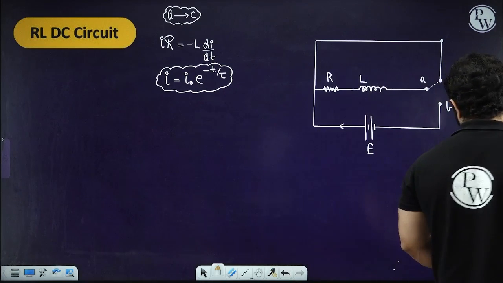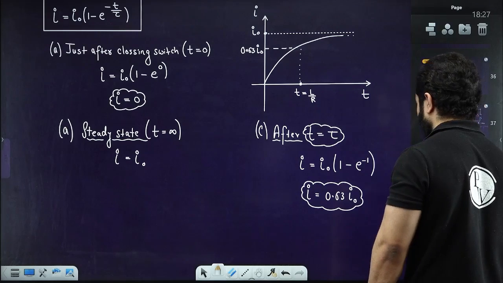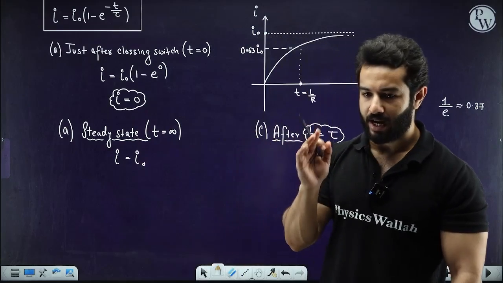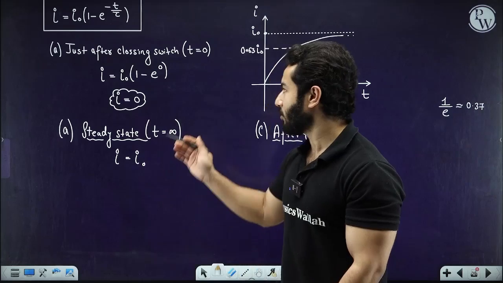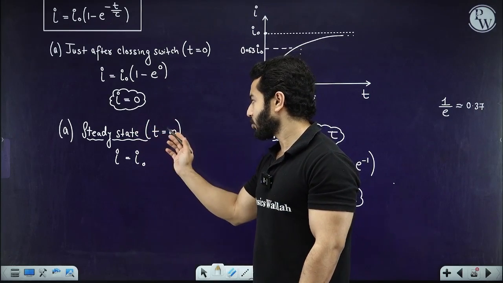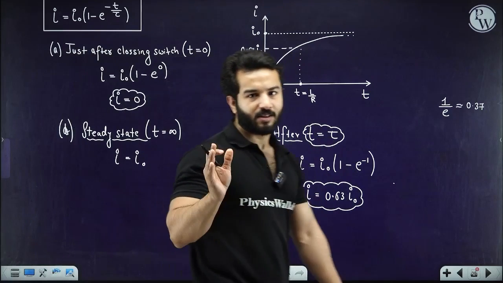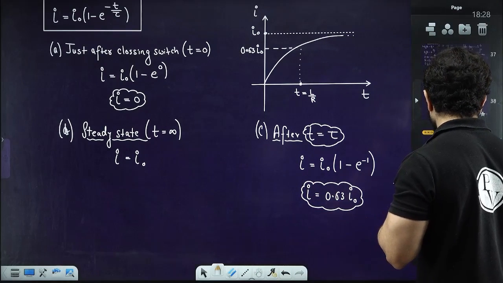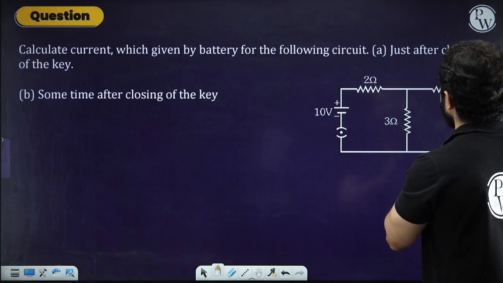You are going to need it. Simply what we are going to say is that at t equals 0, assume that there is an air gap. It is actually possible for an inductor to block the current. So at t equals 0, assume an air gap across an inductor, and at t equals infinity, this is part B, assume it as a clean wire, right? With this, we can look at one example: calculate the current given by the battery just after closing the switch.